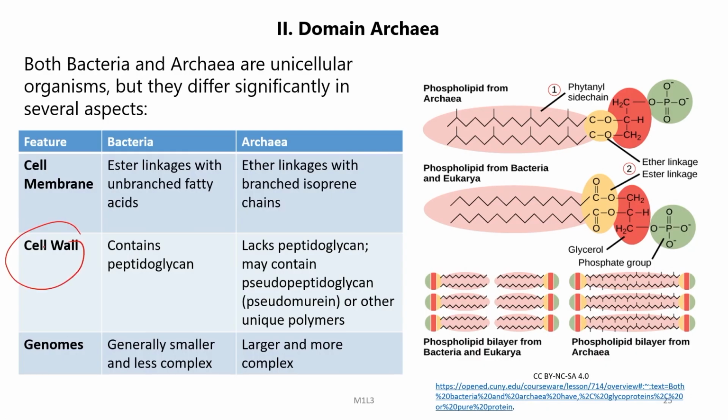In the cell wall, we have peptidoglycan in the case of bacteria, whereas archaea lacks peptidoglycan and it may contain pseudopeptidoglycan or other unique polymers. When it comes to the genome, bacterial genomes are small and less complex, whereas archaeal genomes are large and more complex.